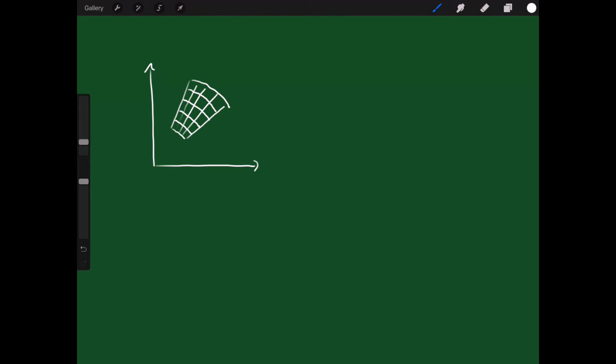Any region, I could start breaking it up into little polar rectangles as an approximation. Now let's take a look at one of those polar rectangles. I'll fill one in. What if we took a look at just this one that I'm filling in?